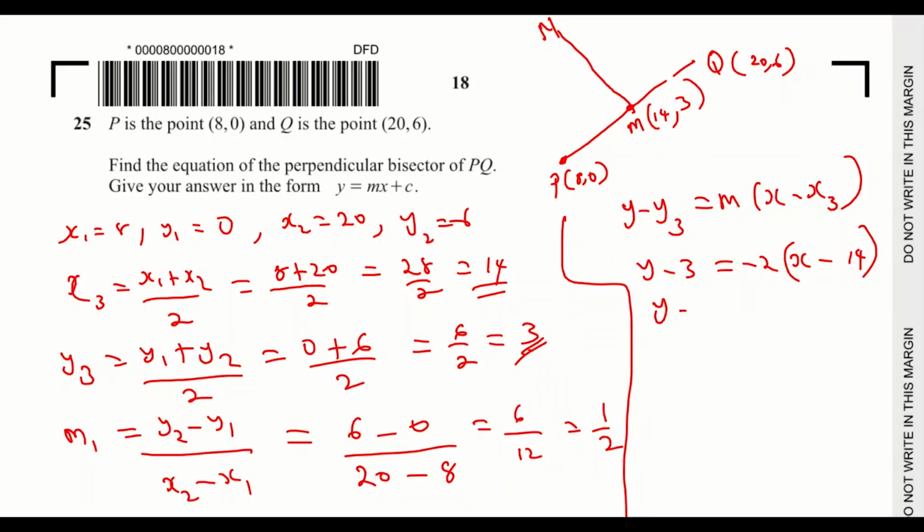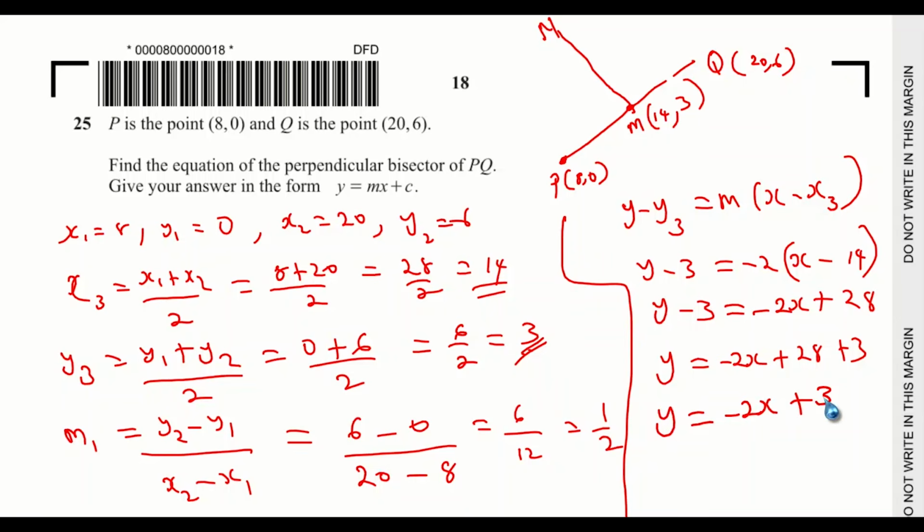So let's simplify this. y minus 3 equals negative 2 times x, that is negative 2x, then negative 2 times negative 14, that will be positive 28. So let's rearrange this and get our final answer. So y equals minus 2x plus 28 plus 3. So finally, y equals negative 2x plus 31. So this is the final answer in the form y equals mx plus c.